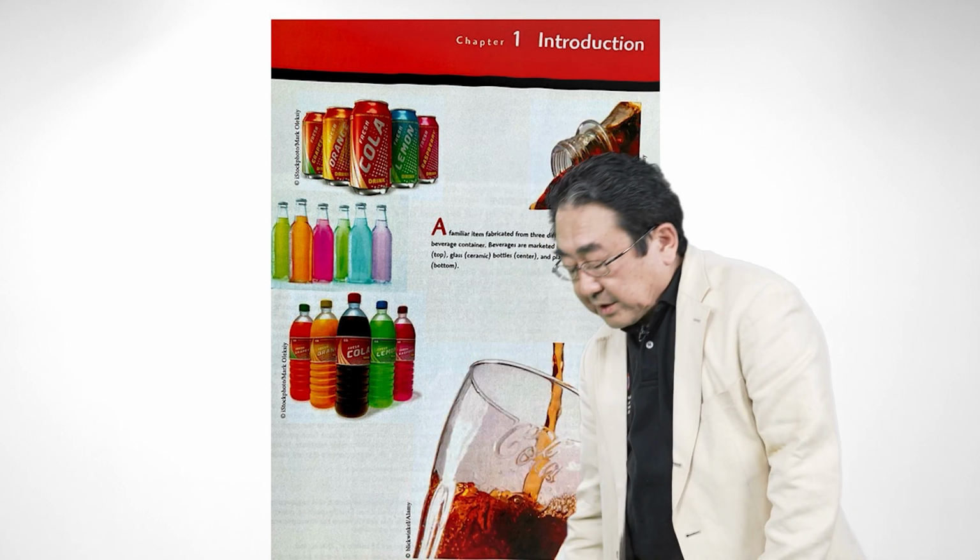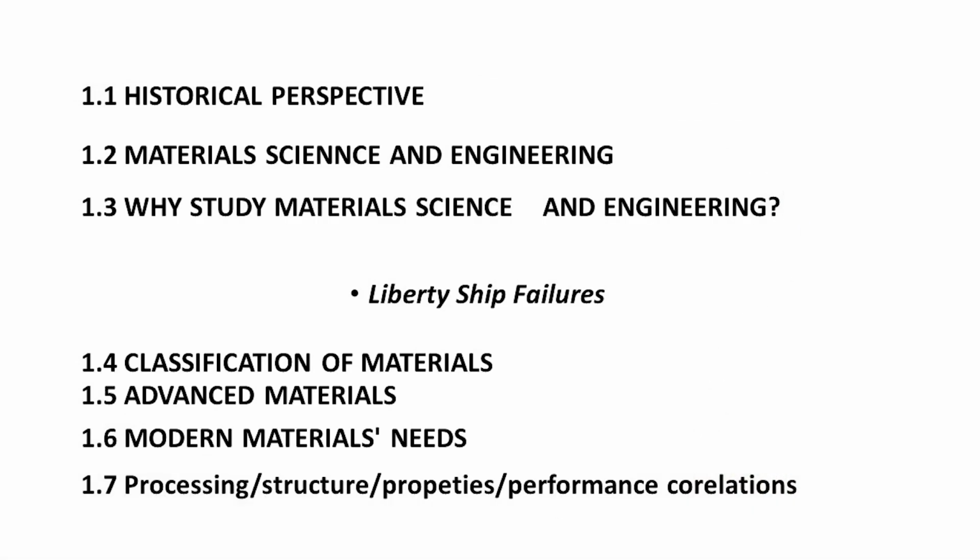The introduction part is divided into these 7 sections: historical perspective, and material science and engineering. Why study material science and engineering? Here, a very good example: Liberty ship failures, and the classification of the materials, and advanced materials and modern material needs, and finally, processing, structure, properties, performance, correlation.